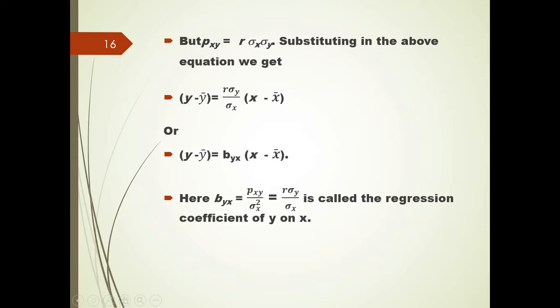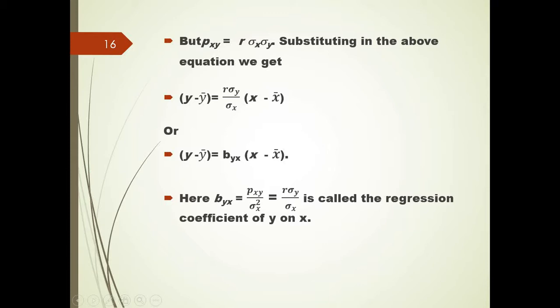So a regression equation: on the left side you write y minus y bar, and on the right side the dependent variable first, the independent variable second, and x minus x bar.